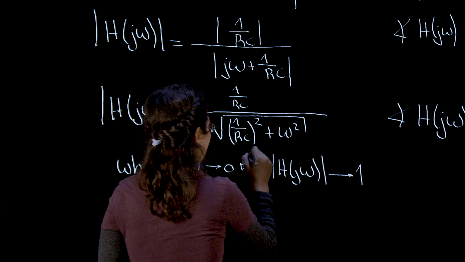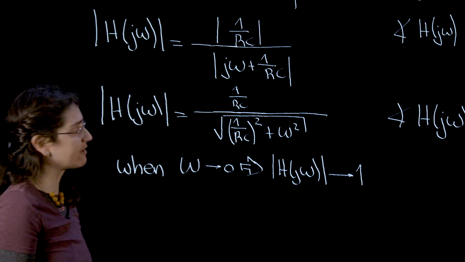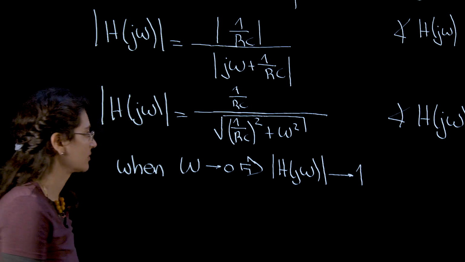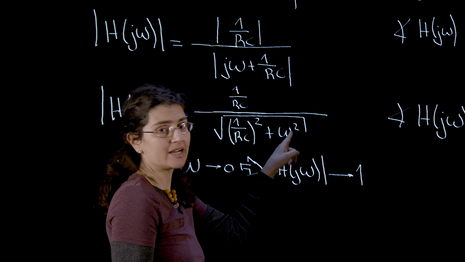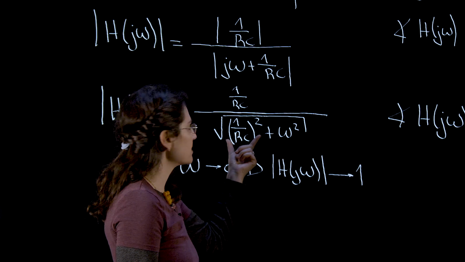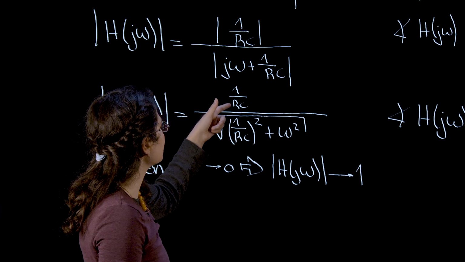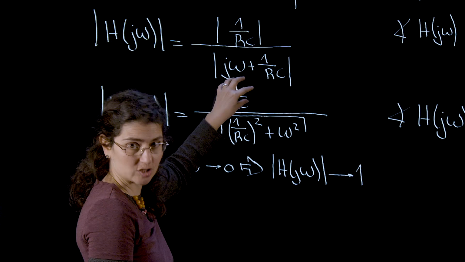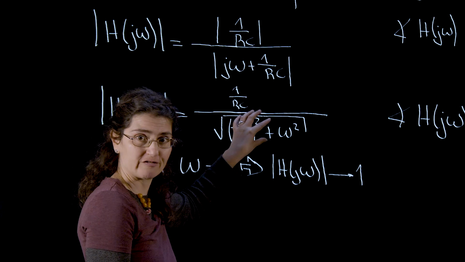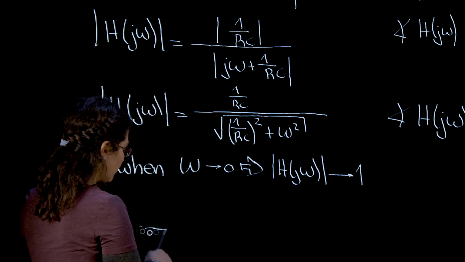Now we can see what happens when omega is very, very, very big. So if this number is very, very big, squared is even bigger, and this number doesn't affect it, and this is basically a relatively small number over a very, very, very big number. So my transfer function tends to 0.